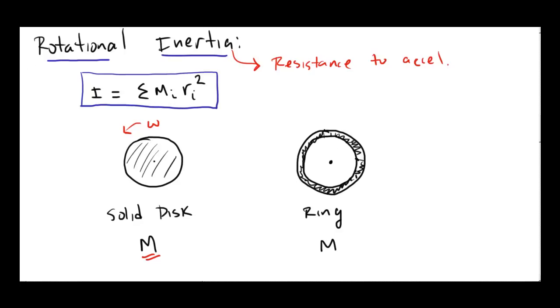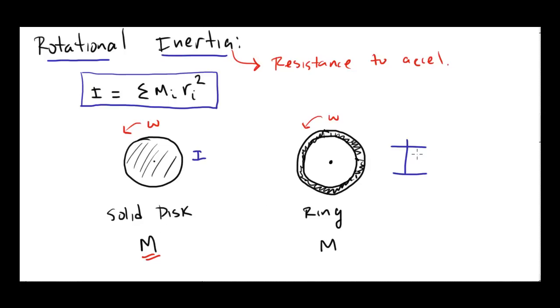So again, we're going to try to spin this thing, same idea, spin it this way. But if you do this equation, you're going to find this has a smaller I and this has a bigger I, right? This is going to have a larger sum because you're going to take these mass elements m and multiply them on average by bigger values of r. So even though the mass is the same, the rotational inertia is not the same.